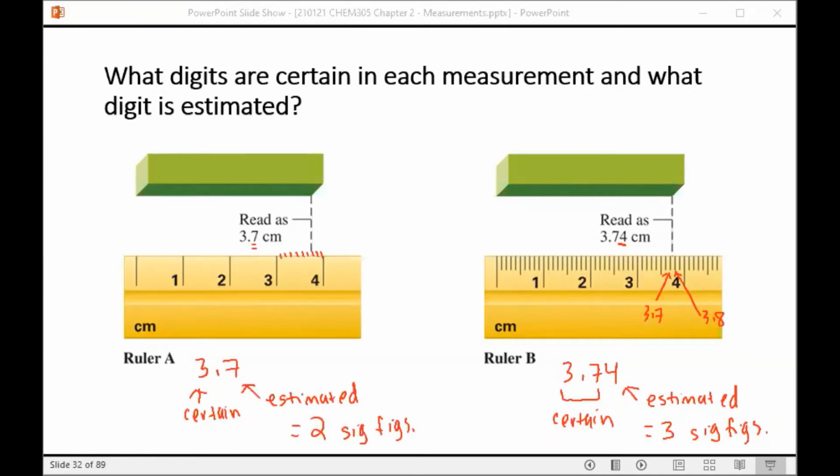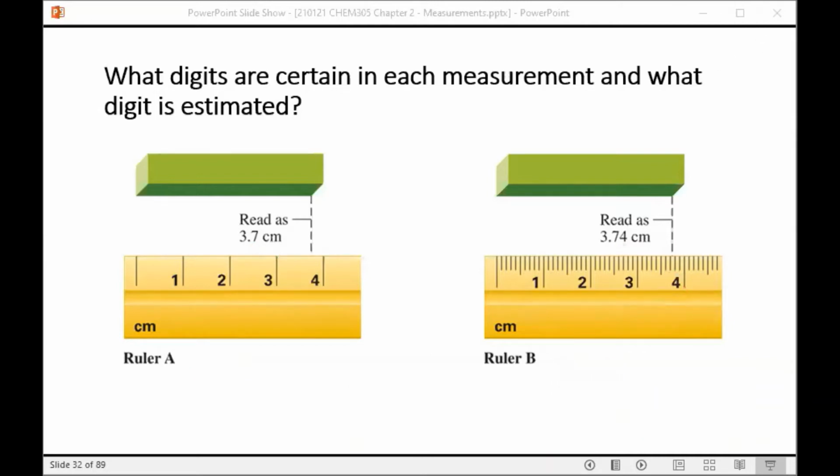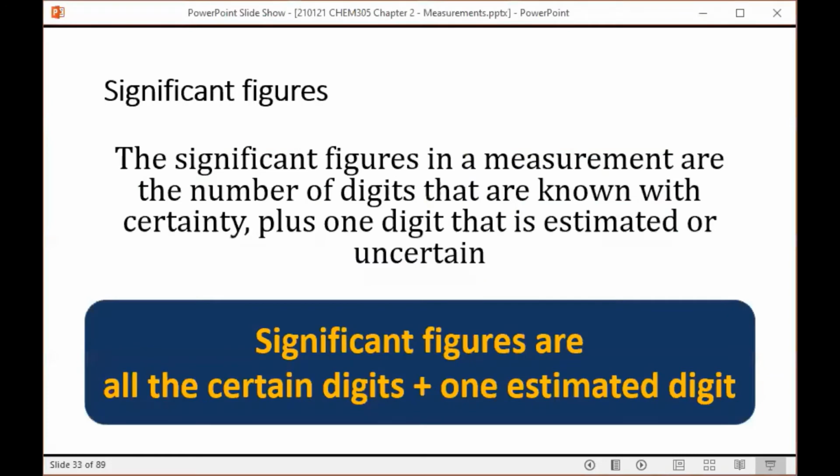The number of significant figures is really important because it tells you, when you write down a number, how much of the number you knew with certainty and in what place you were estimating. The significant figures in a measurement are all the digits that are known with certainty plus that 1 estimated or uncertain digit.